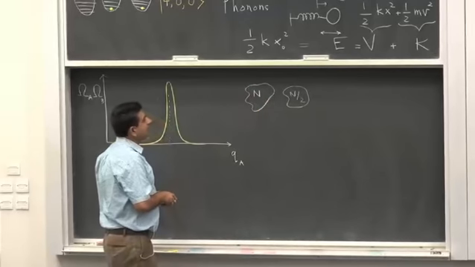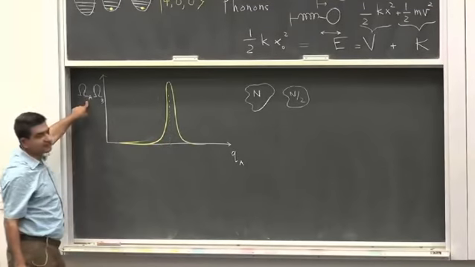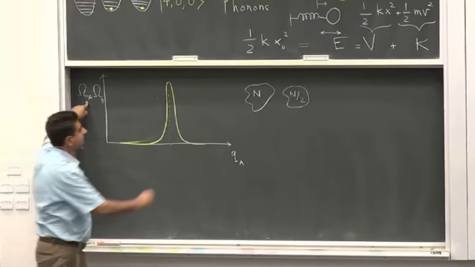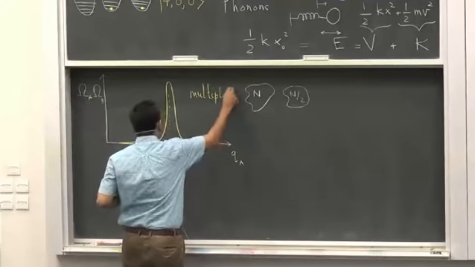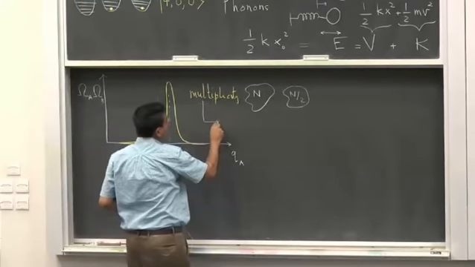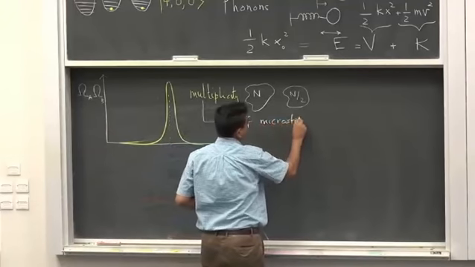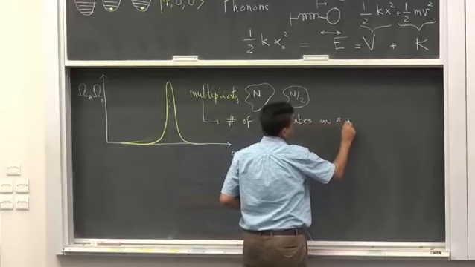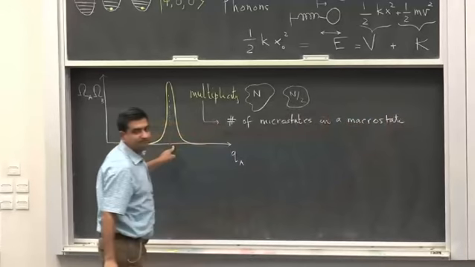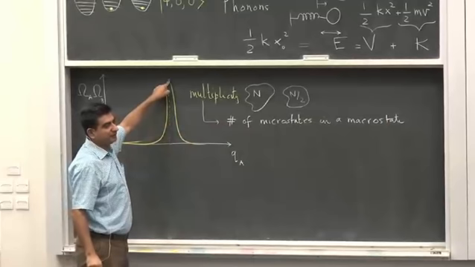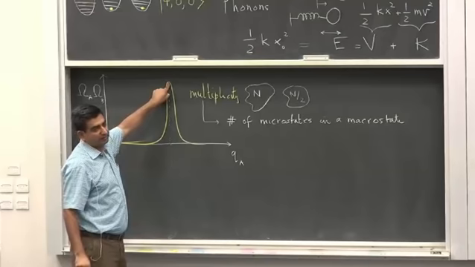It's not equal distribution of energy because this has more atoms. So the key is that the system will like to change itself so that this multiplicity is maximized. This multiplicity is just the number of microstates in a macrostate. And the macrostate with the highest probability, since it's a peak here, that becomes the only possibility.